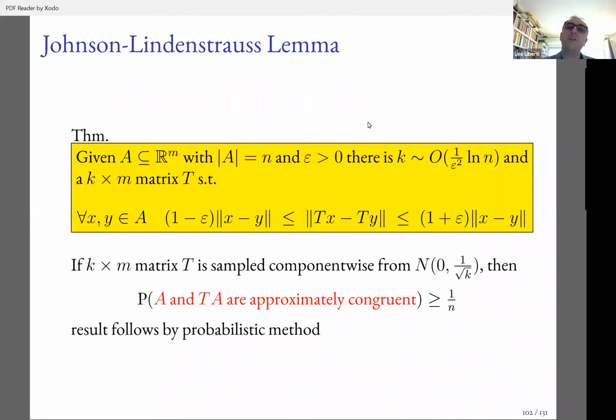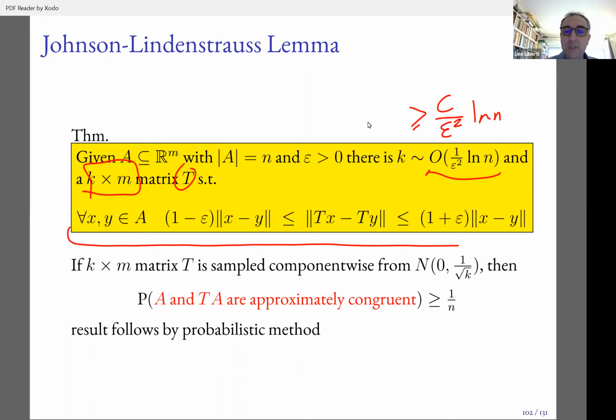So the Johnson-Lindenstrauss lemma encodes more formally what I just presented in the gist of random projections. Given a set of vectors A in R^m with n vectors and an epsilon greater than 0, there is a k that is greater than some constant over epsilon squared times logarithm of n, and a k times m matrix T that has the required property.